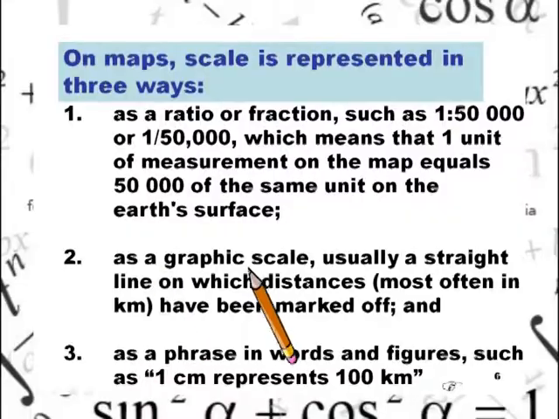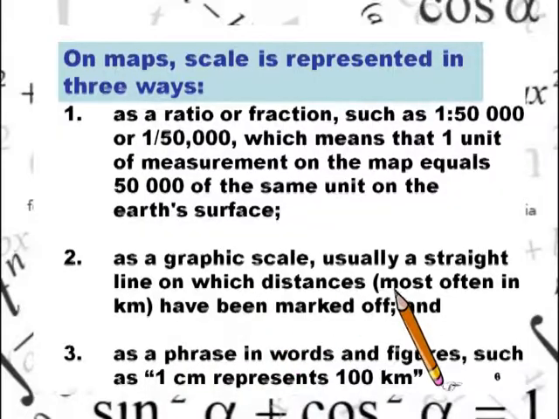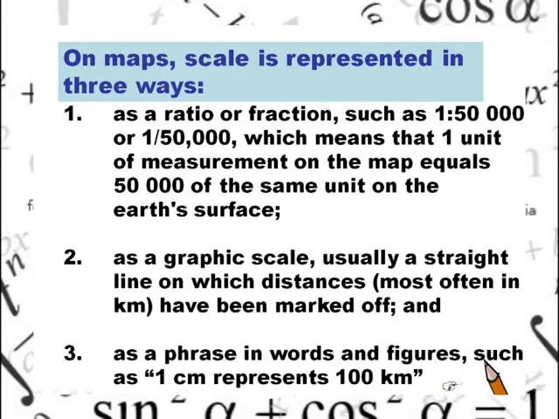As a graphic scale, usually a straight line on which distances, most often in kilometers, have been marked off. And 3. As a phrase in words and figures, such as 1 cm represents 100 kilometers.